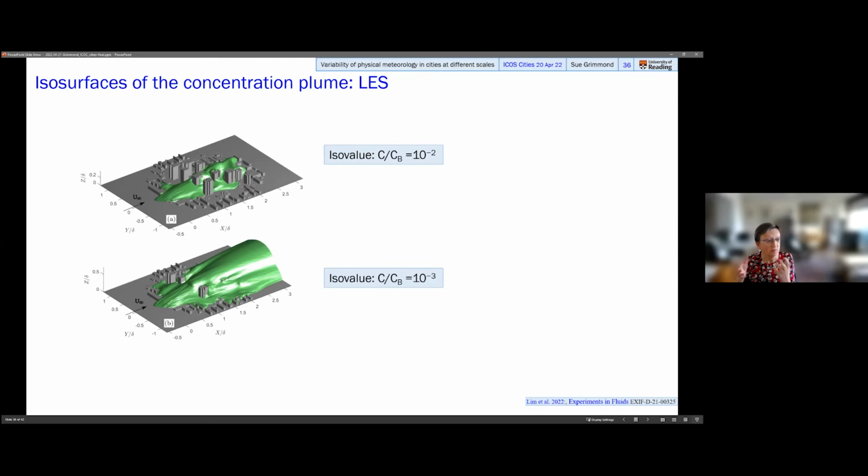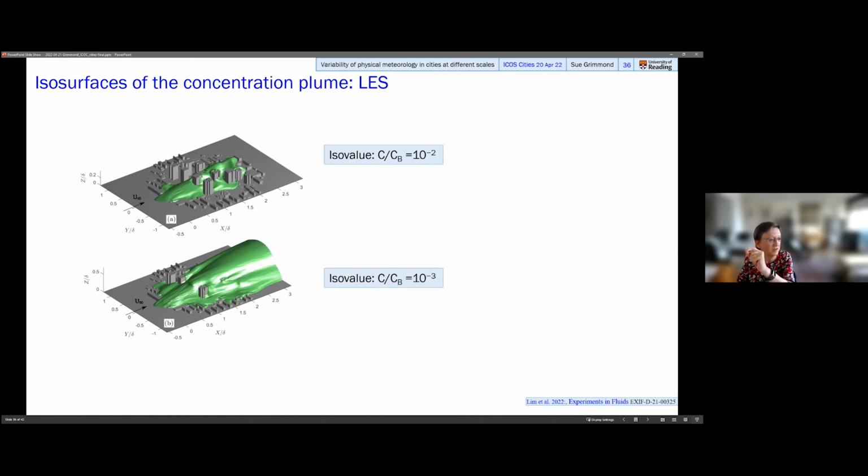So I think it's absolutely critical that the high resolution influence of individual tall buildings, and the modeling for either wind tunnel, water tunnel, or LES type modeling, allow us to look at exactly those issues.